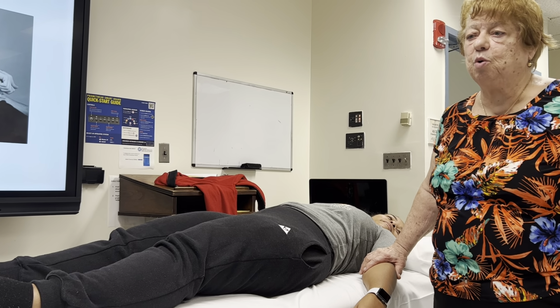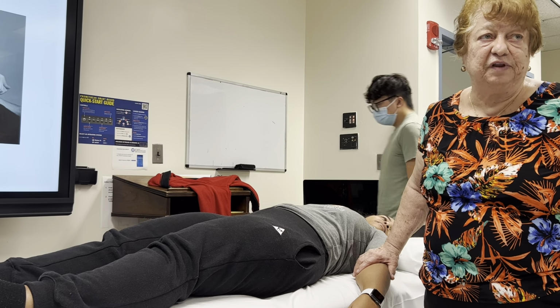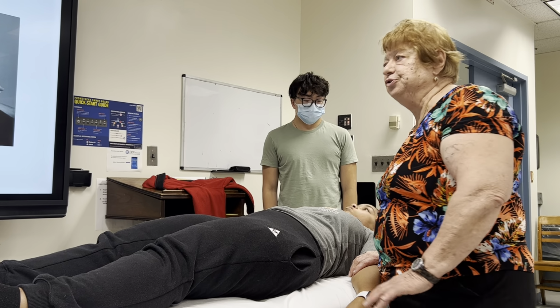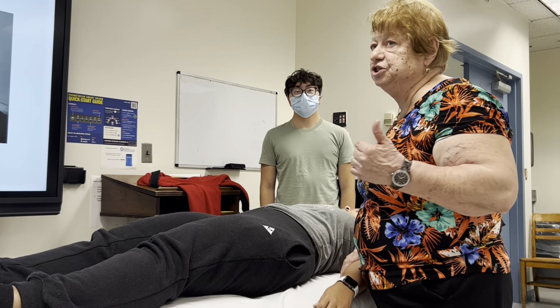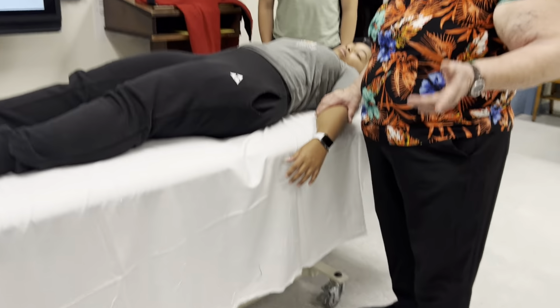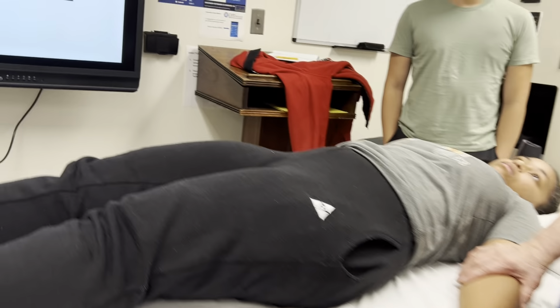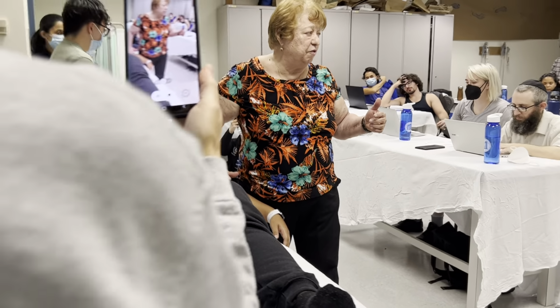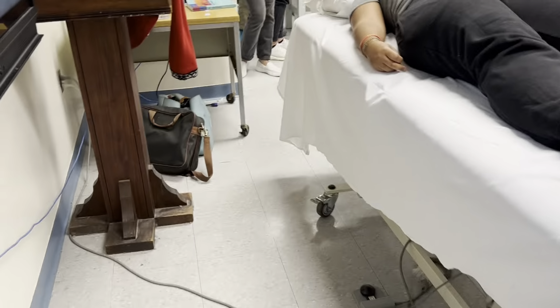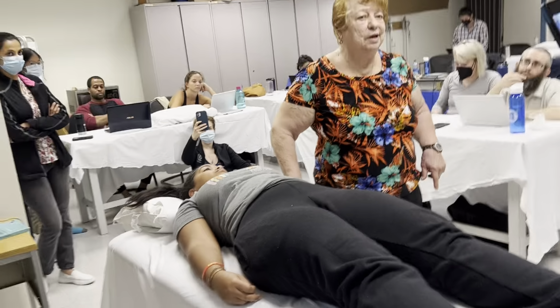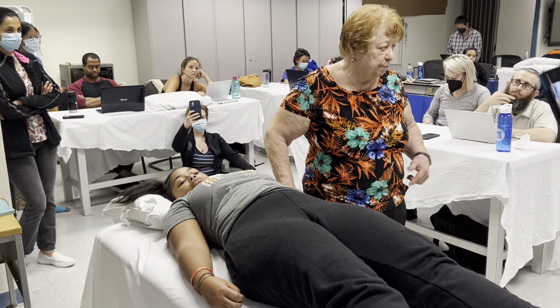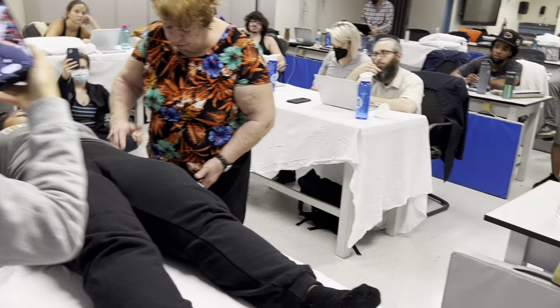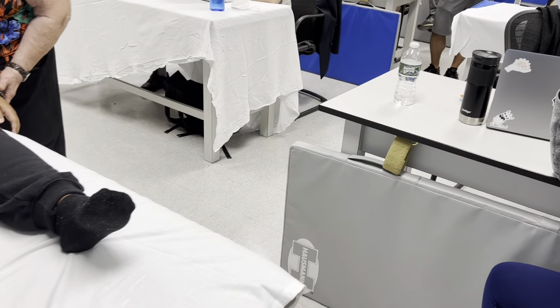So we're going to start with D1 flexion. So it's flexion, adduction, external rotation. Okay. So I need to be on the upper arm, flexor, adductor surface.